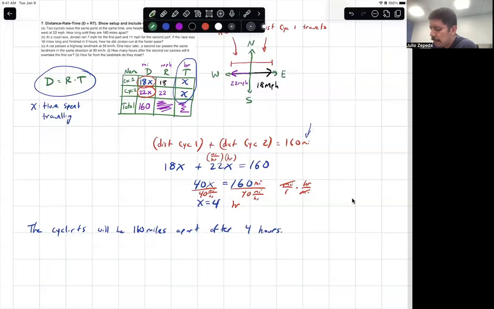Let's go ahead and check that. 18 times 4 and 22 times 4, that is going to be equal to 40 plus 32, which is 72. And then 80 plus 8 is 88. These are the distances that cyclist 1 and cyclist 2 travel. If we add these two together, we get 10, carry the 1, 15 plus 1 is 16, 160 miles that these two are apart. Okay, so we've confirmed that 4 hours is indeed the correct answer.